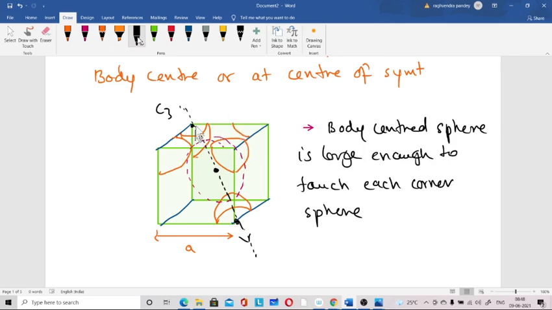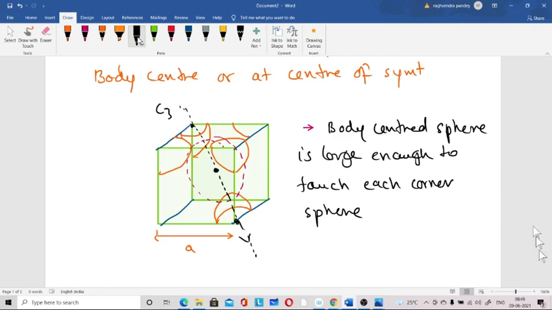It is touching the corner sphere, then the central sphere, then the corner sphere, and it's going out.